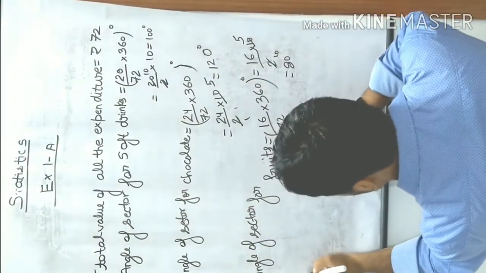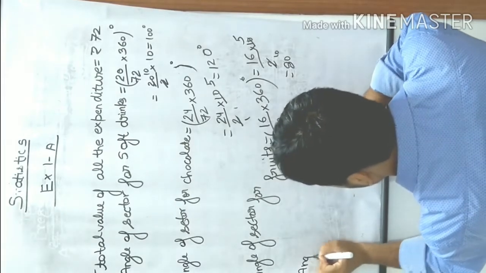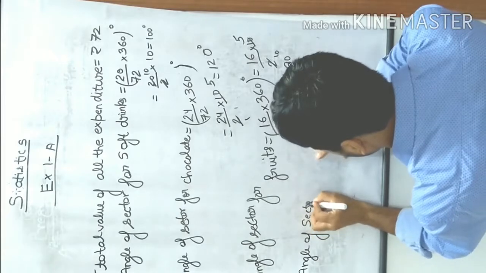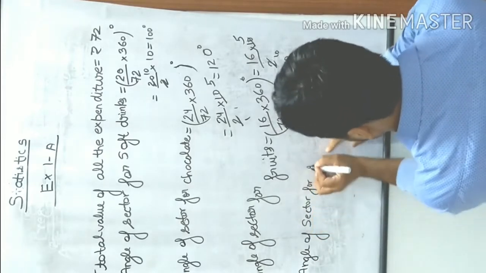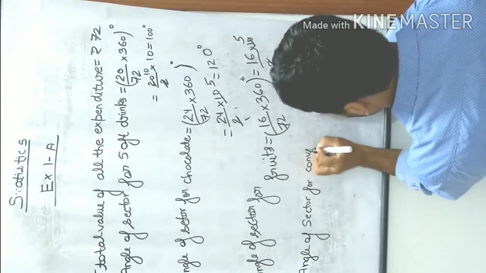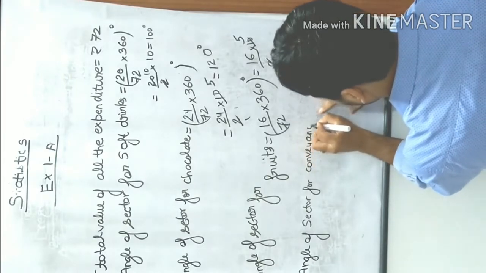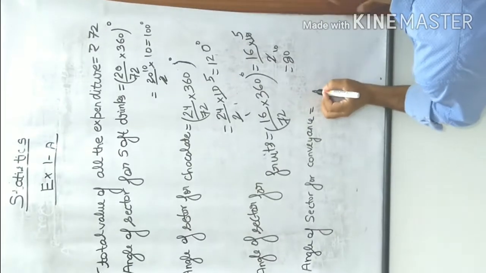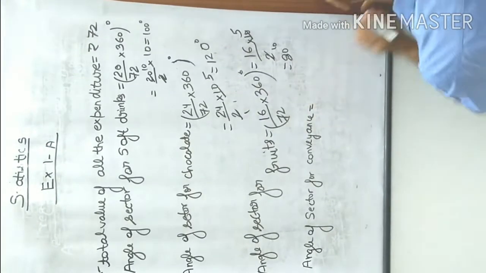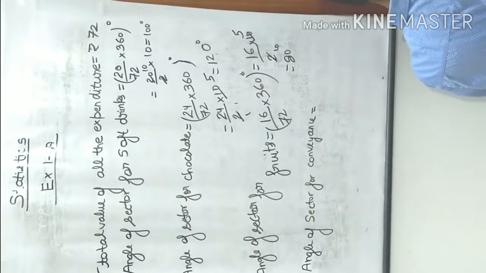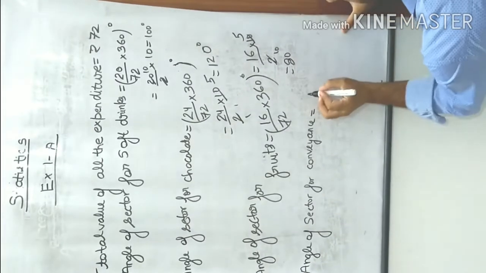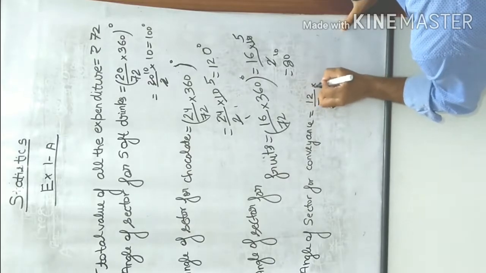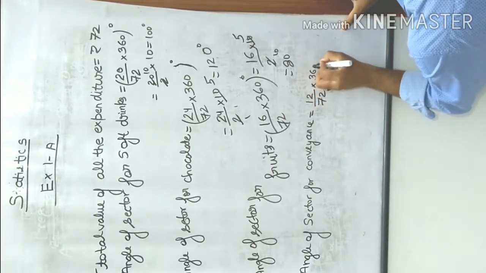Now angle of, how much will it be? How much did you spend? 12 rupees. 12 upon 72 into 360 degree.